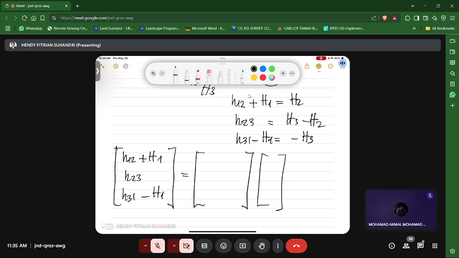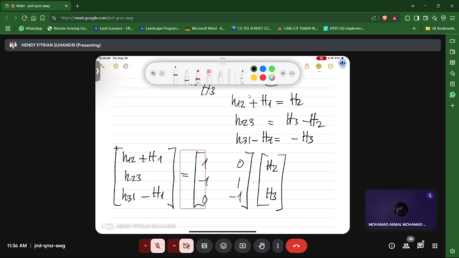Apa unknown dia? Unknown dia dalam hal ni adalah H2 dan H3. Sama dengan tadi tu, unknown dia adalah P dan L untuk keluasan tu. So apa yang ada di sini? Untuk persamaan ni adalah 1. Di H3 tak ada, 0. Kemudian untuk persamaan 2 ada negatif 1. Di sini adalah 1. Di sini adalah 0. Ini negatif 1. Okay. Ini sebetulnya persamaan yang linear.